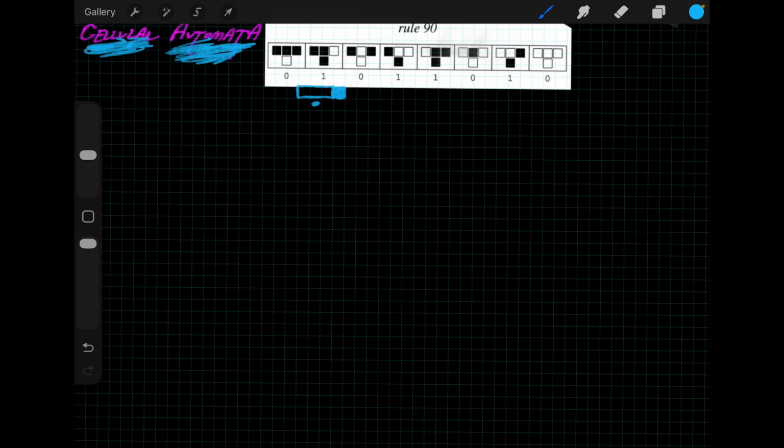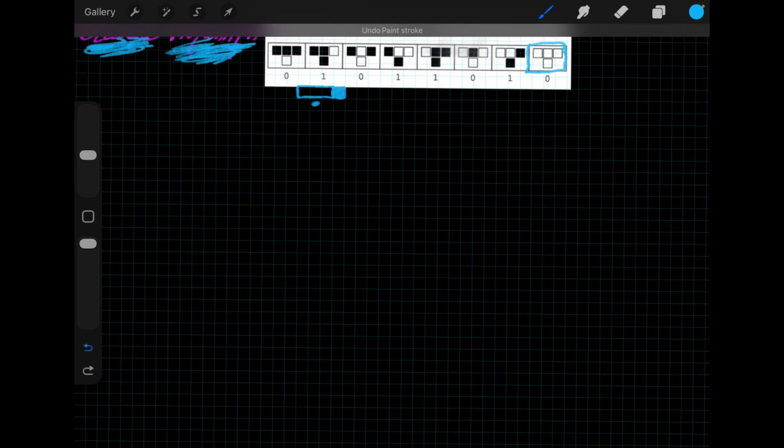What we have here is not filled in, not filled in, not filled in, which is this situation. So the rule tells us not to fill in that cell. And that would apply for all the cells to the left.